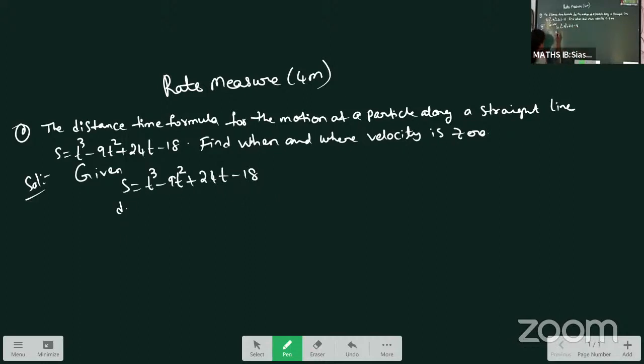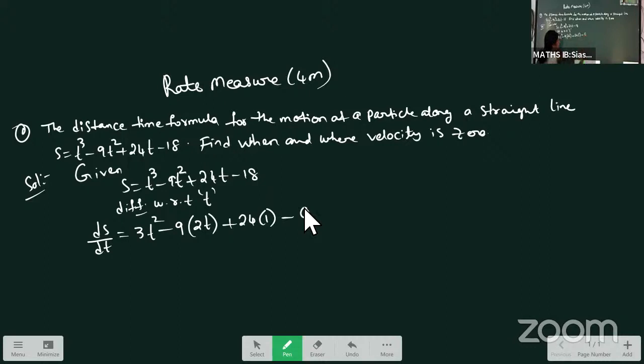Differentiating with respect to T, ds by dt is equals to T cube means 3T square, 9 as it is, T square means 2T, plus 24, T derivative 1, and minus 18 is a constant, derivative is 0. ds by dt is denoted by velocity. Velocity is equals to ds by dt is equals to 3T square minus 18T plus 24.